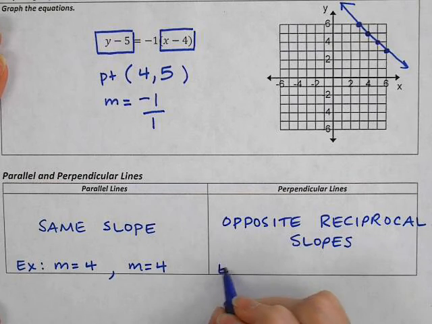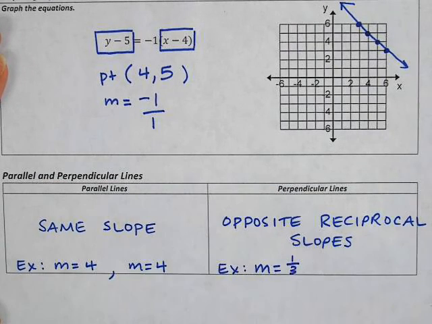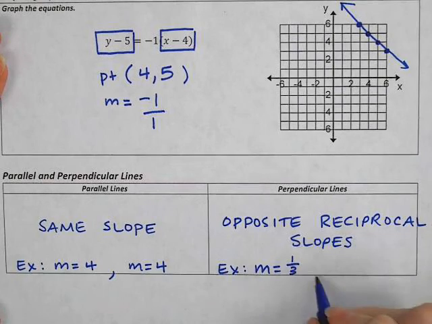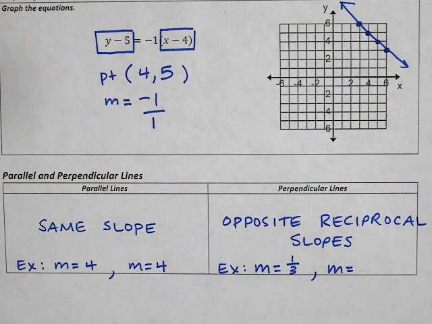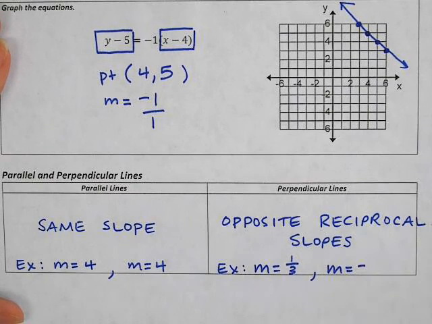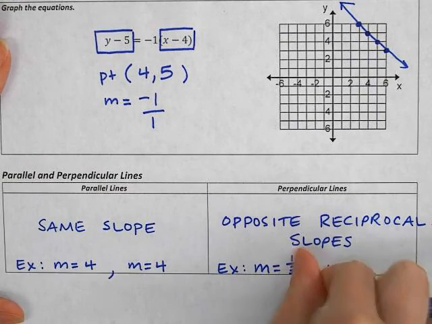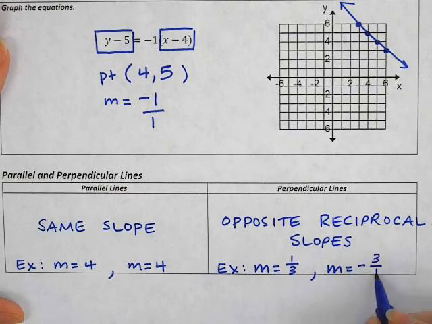So here's an example. Let's say the first slope was 1/3. What would the slope of a perpendicular line be? Okay, so first of all, if this one's positive, the opposite would be negative. And then if you flip 1/3, it becomes 3/1, or just 3.